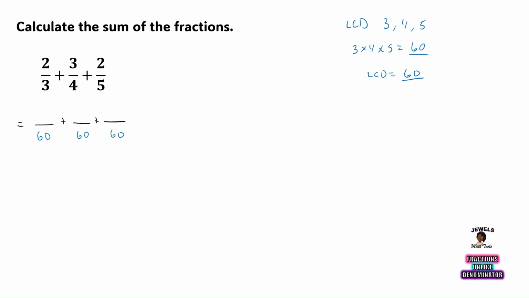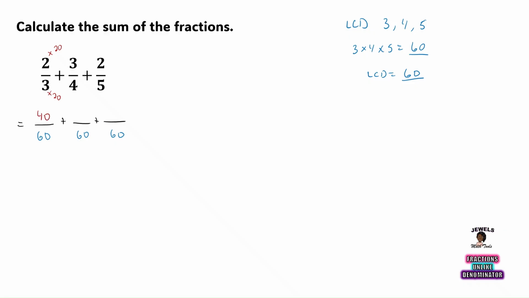Now that we have our LCD, let's convert our fractions to their equivalent form. When 3 is multiplied by 20, we get 60, so we will also multiply 2 times 20, which will equal 40.